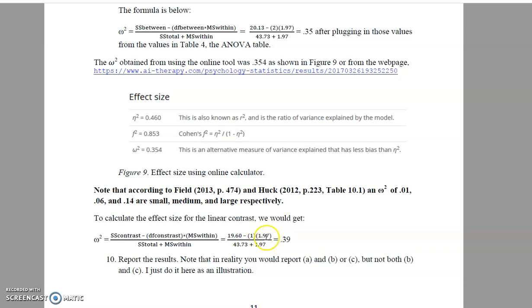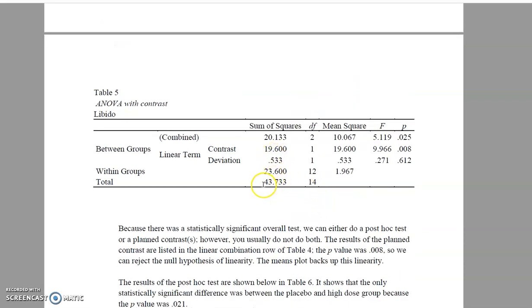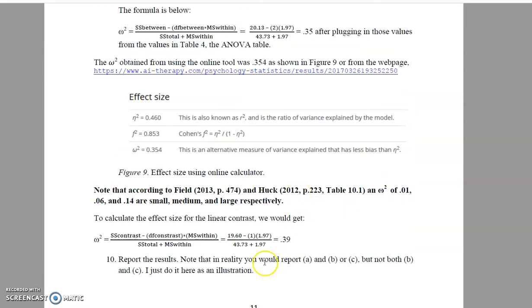That was 1.97 divided by SS total and MS. So SS total is what? Here is the SS total. That is what I have. And then I am looking at MS within, and I have MS within again. So 1.95. And that gives me this value.